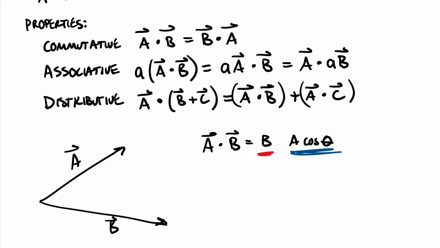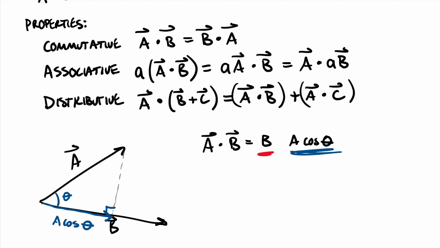Okay, so if we know that the dot product projects one vector onto another, we could show, and from right triangle trig it should be fairly obvious, that this distance, adjacent to this angle theta, if A is the hypotenuse, we could label this as our A cosine of theta, right?